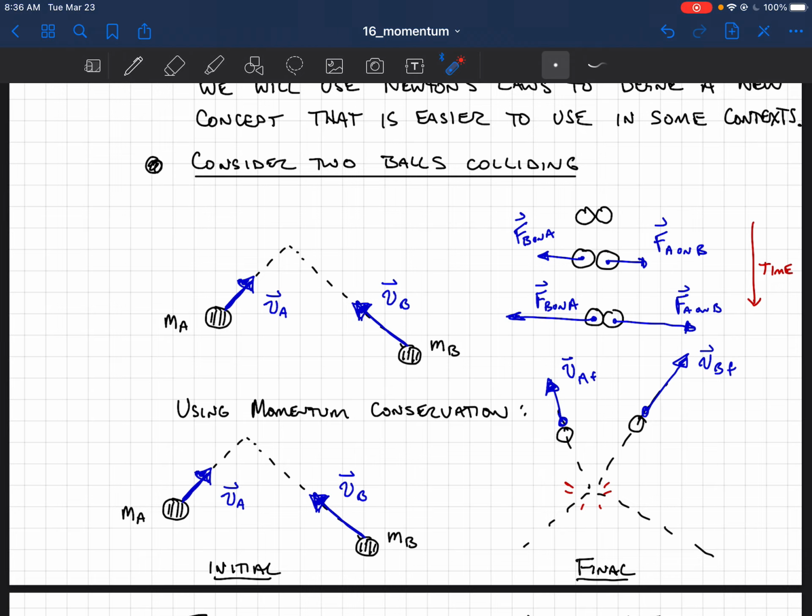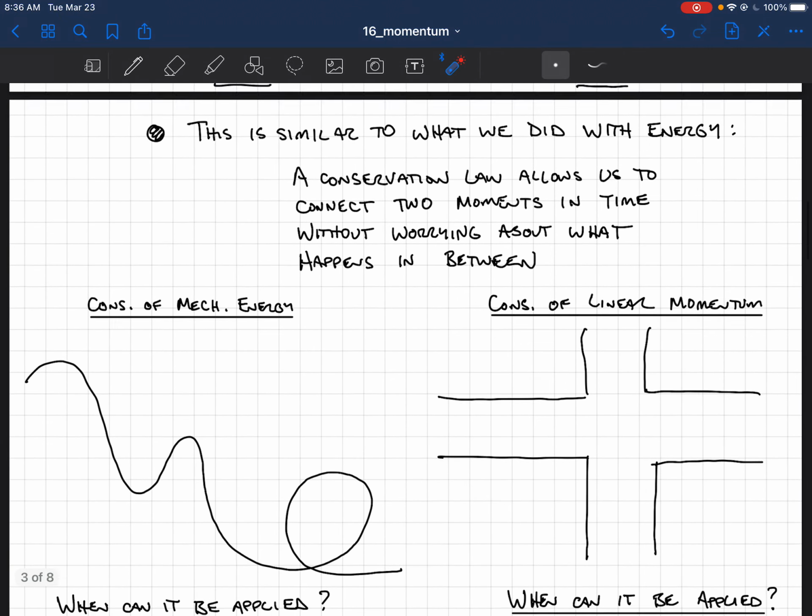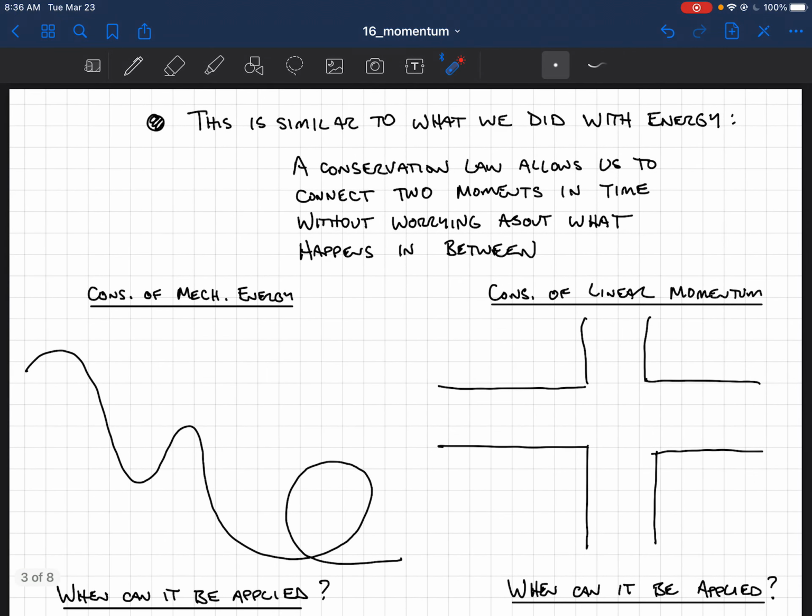And this is similar to what we did with energy conservation, where we took a point A and a point B, and we related what happened from point A. So maybe you have a roller coaster that was given some initial kick here at point A. So here's our point A. So we have some roller coaster that has some initial speed here, and maybe it has some initial height above the ground.